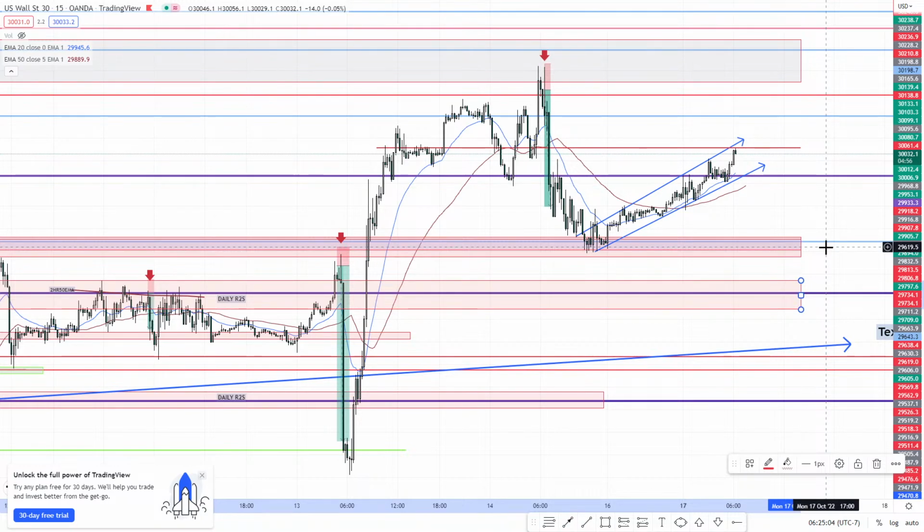Let's do the Fibonacci from the most recent high to the most recent low. Right there, we're right at that 61.8%, right? But I also do like this ILC right here. It's the only ILC right here.